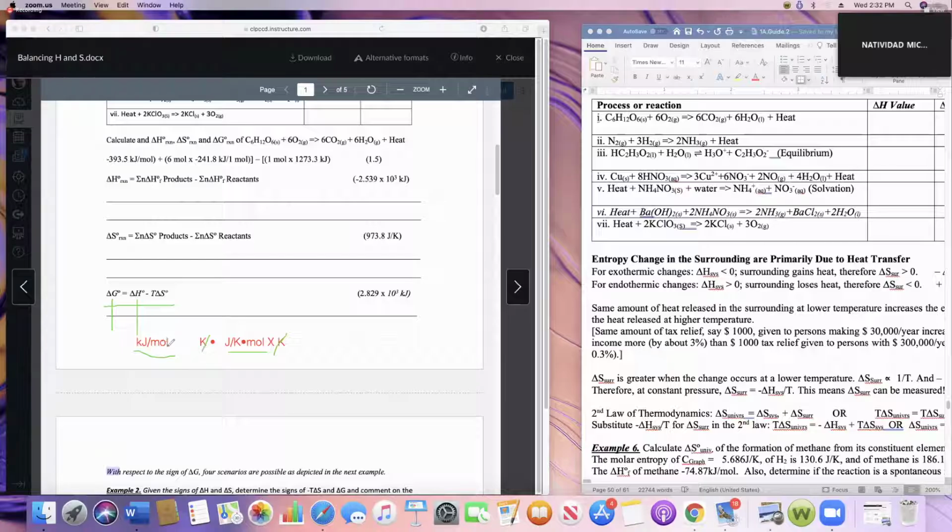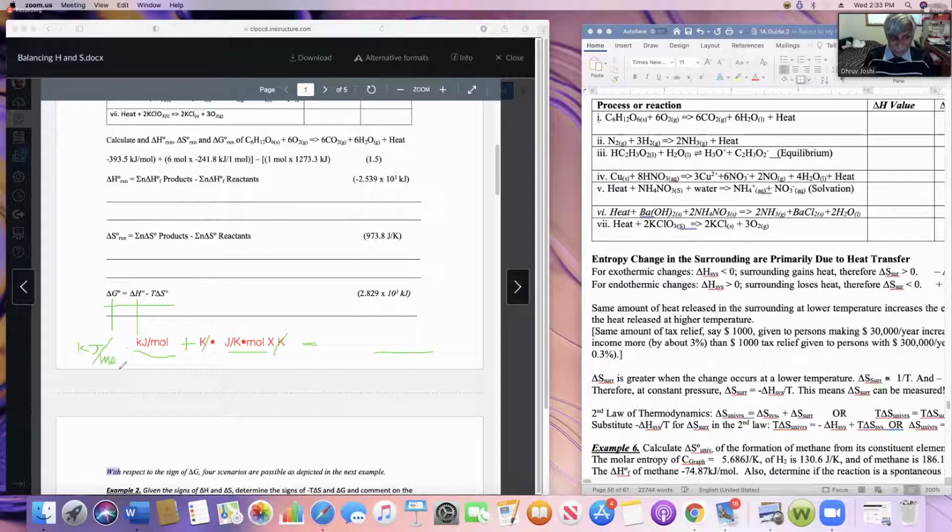Now you are adding these two units. What are the units of the answer? Kilojoules. If you are adding two things, they have to have the same unit, and the answer has to have the same unit. So what are the units of delta G? Kilojoules per mole.